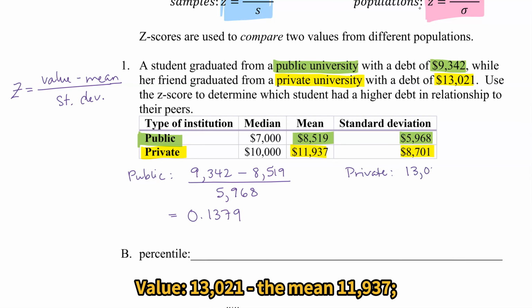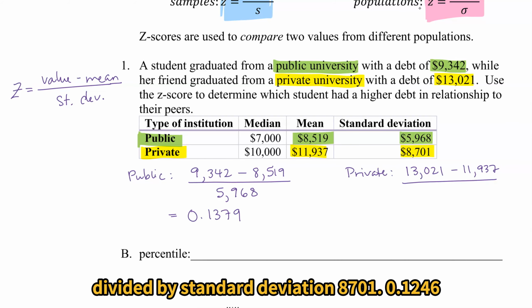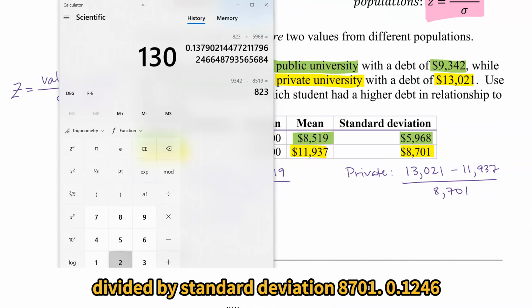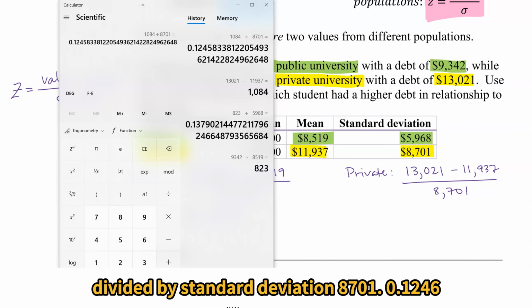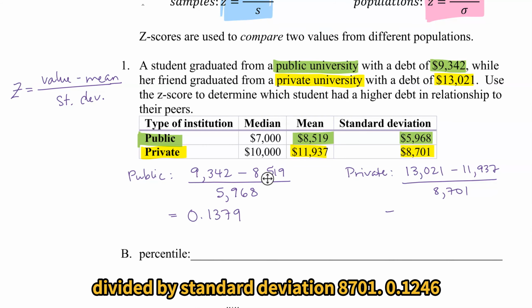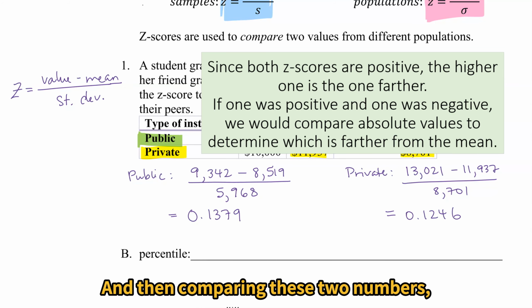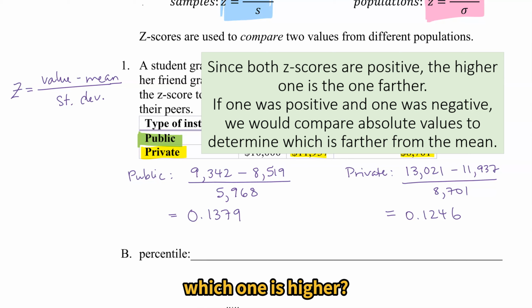Let's take a look at the private university student. Value 13,021 minus the mean 11,937 divided by standard deviation 8,701. We get 0.1246. And then in comparing these two numbers, which one is higher?